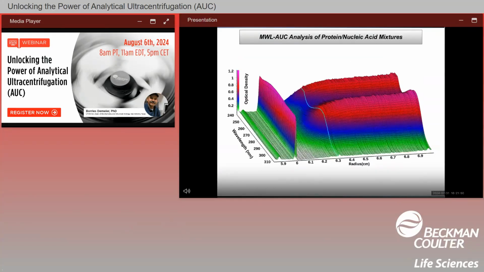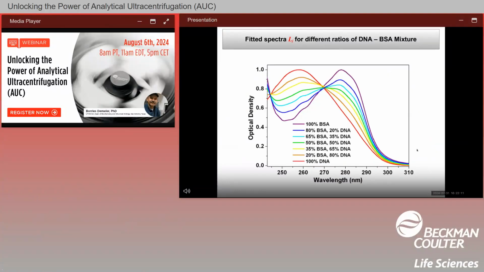So how do we analyze this? Well, the way we analyze it is by slicing each radial position along the wavelength domain to get a wavelength scan of the composition at that place. And that can be done for every radial position and for each time point in the experiment.